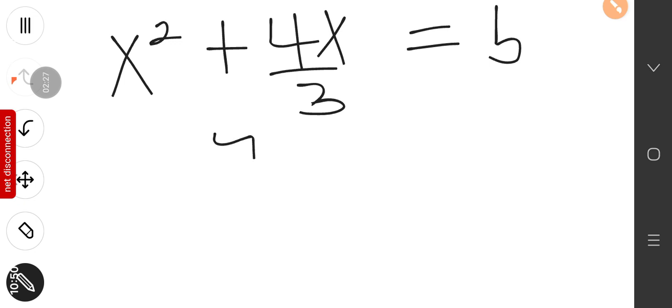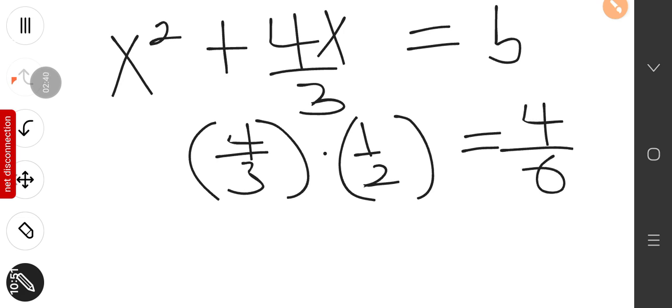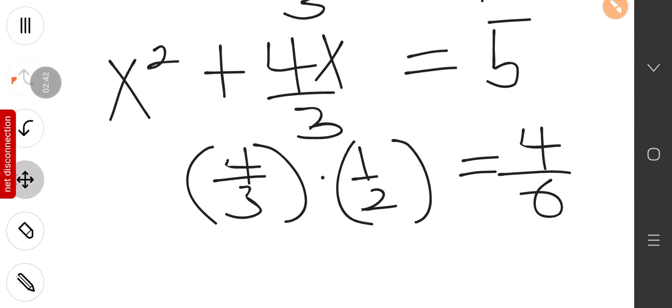So you're going to have 4 over 3 multiplying half, and that will give us 4 over 6. Now we are not going to apply this to our equation yet. We are still going to do something to it.